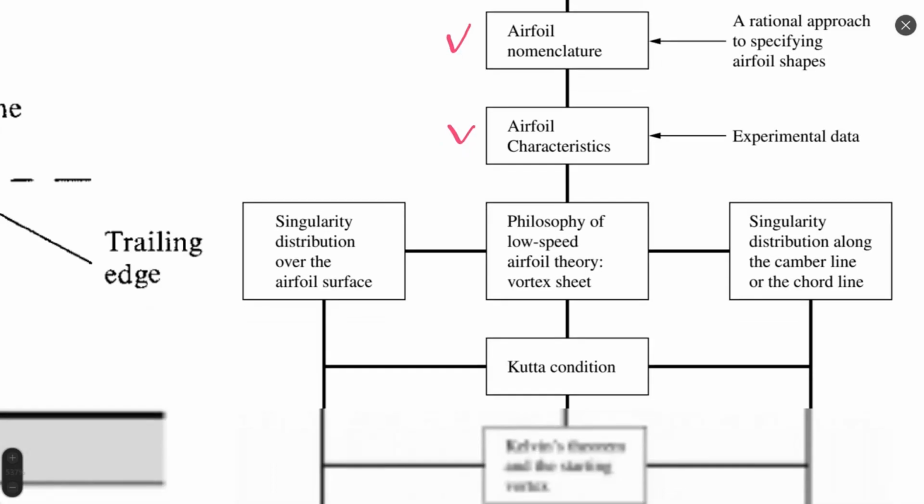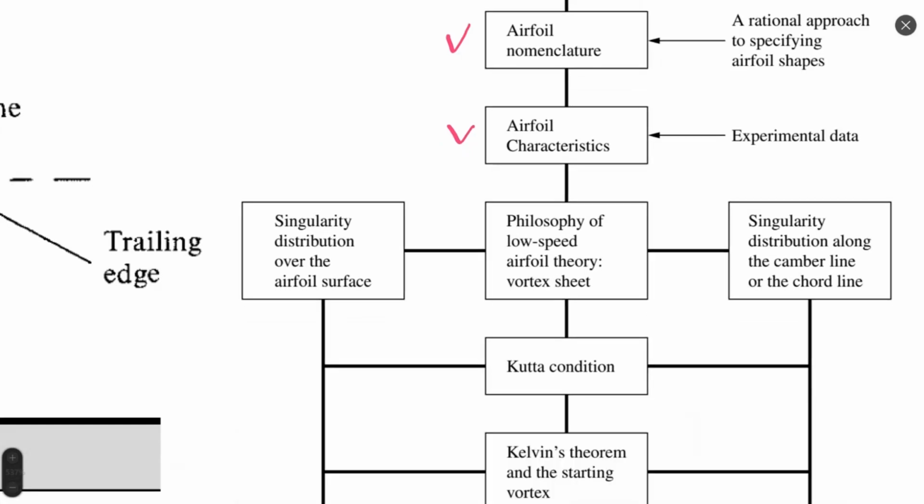After discussing experimental data on airfoil characteristics, we will look at the distribution of singularities over the airfoil surface. This is a problem of solving a system of equations. A pure solution of the equation system is not possible.